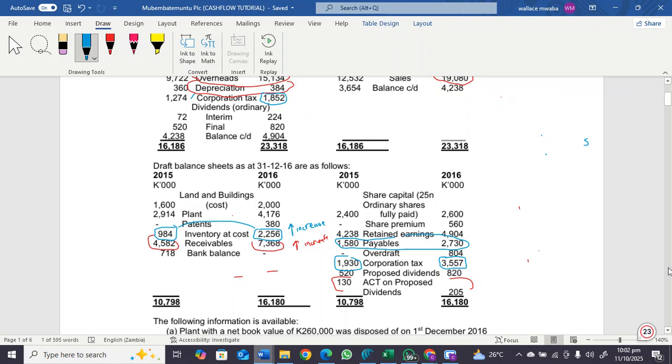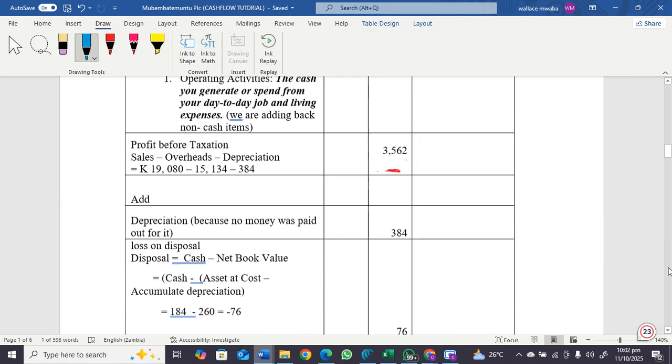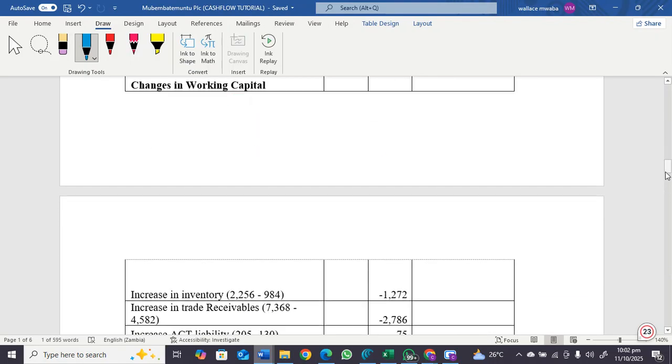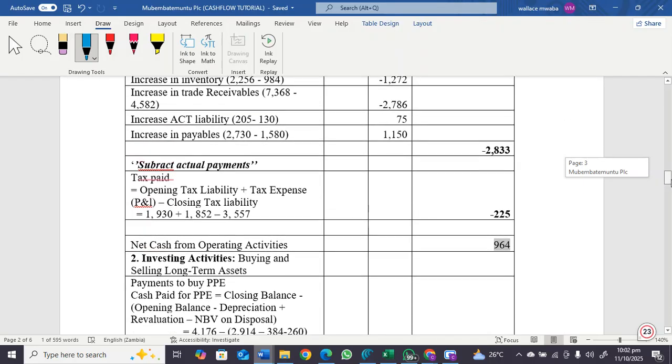And this is the formula you need to use to calculate how much has been spent on buying non-current assets, PPE.